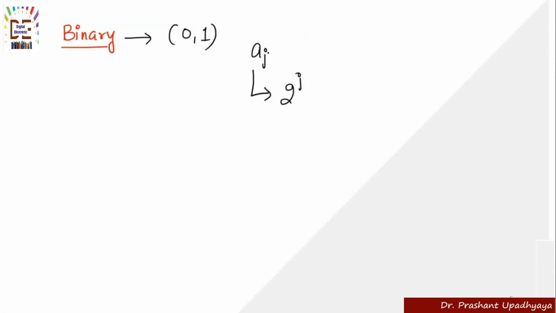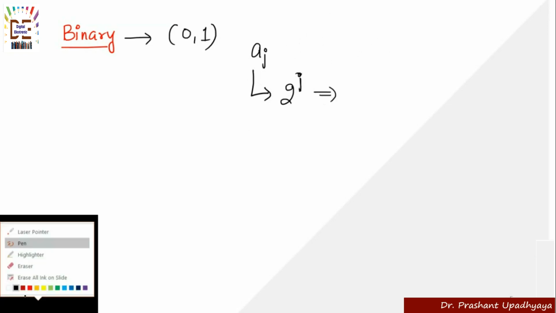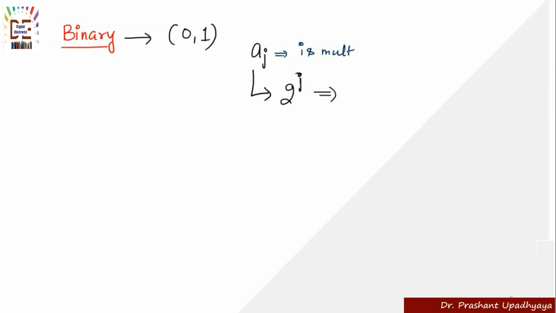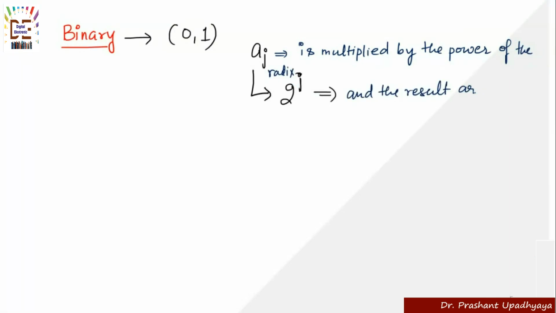So you can see that we multiply this aj with 2 raised to power j, and then we have to add the result. So I'm writing here: aj is multiplied by the power of the radix, 2 raised to power j, and the results are added to obtain the decimal equivalent of the number.